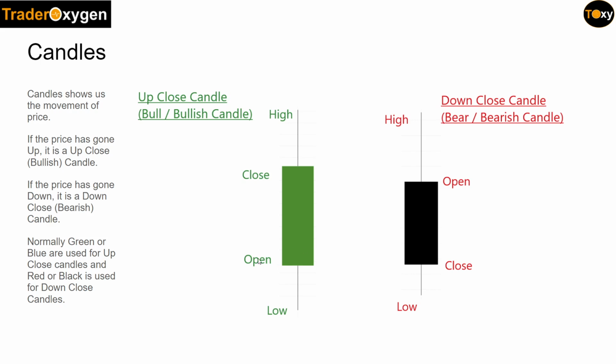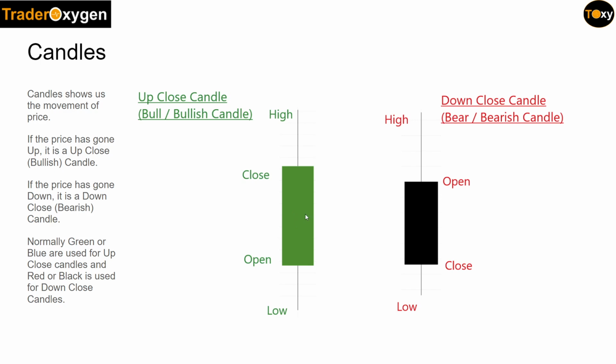Now, up close means it closes at a higher price compared to the starting price. Down close means it closes at a lower price after some time period. That time period can be 1 minute, 5 minutes, or maybe 10 minutes.